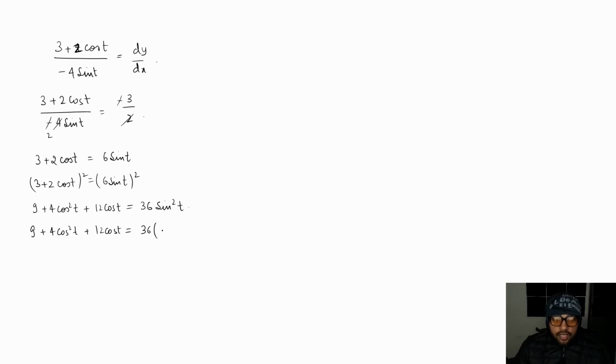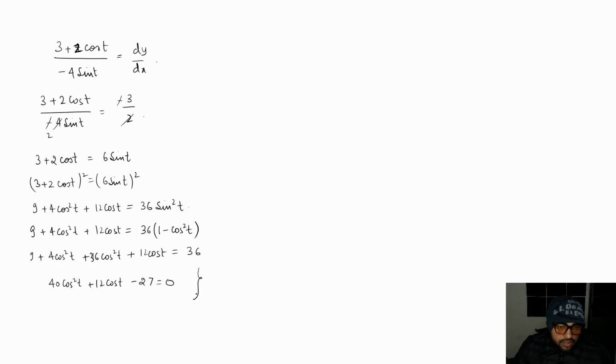So from here we can say that sin square t could be written as 1 minus cos square t, and 9 plus 4 cos square t plus 12 cos t equals 36 minus 36 cos square t. On simplifying it, we are getting 40 cos square t plus 12 cos t minus 27 equals 0.